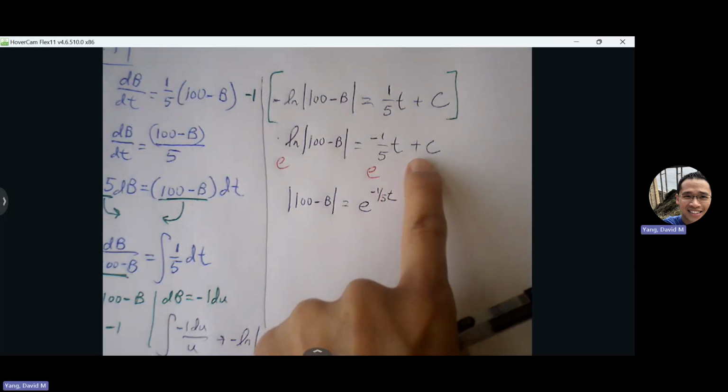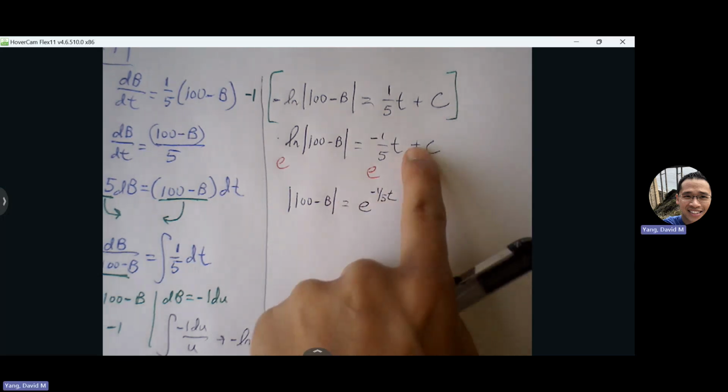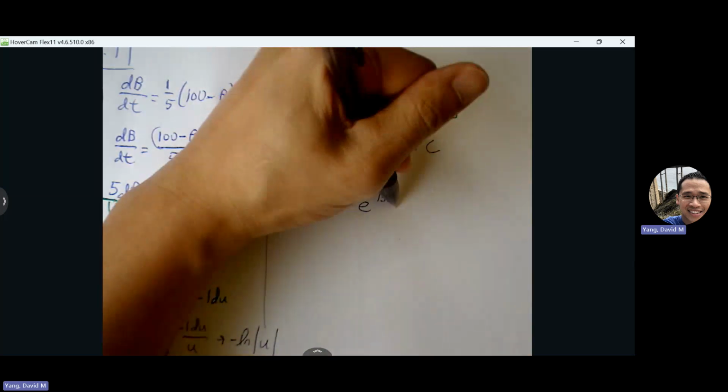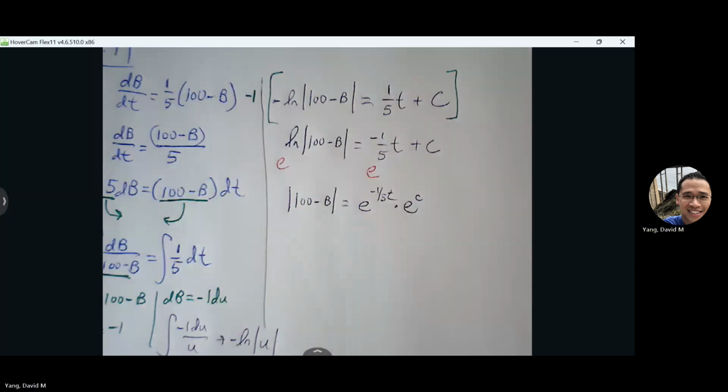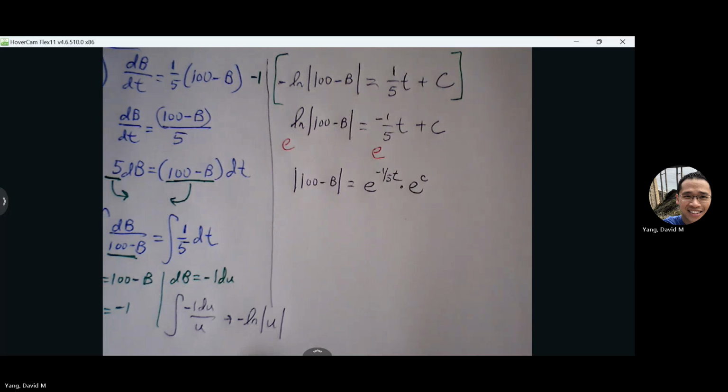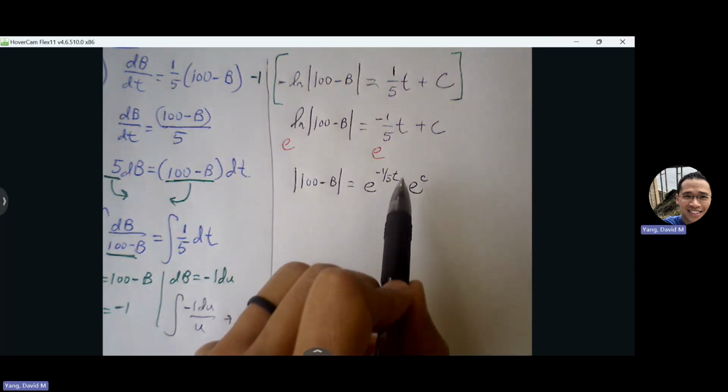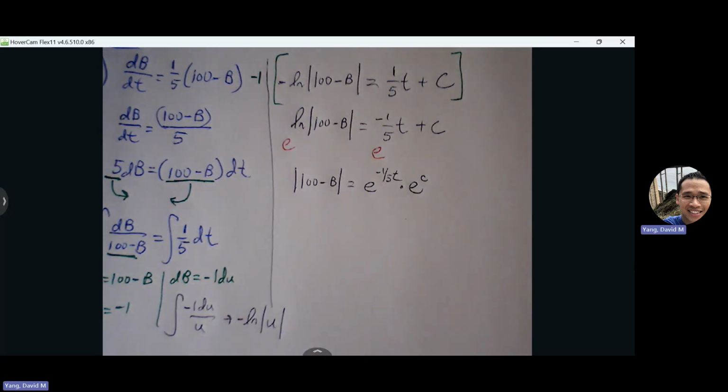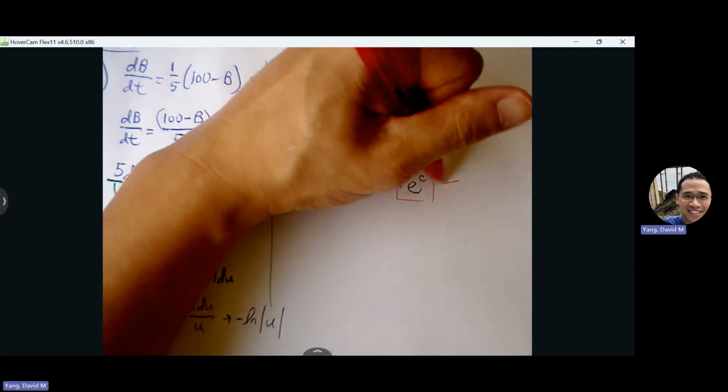We know that we can break this up into the product of two bases because we can separate that plus c away from the rest of my variables. And we know that e to the c is just one large constant.